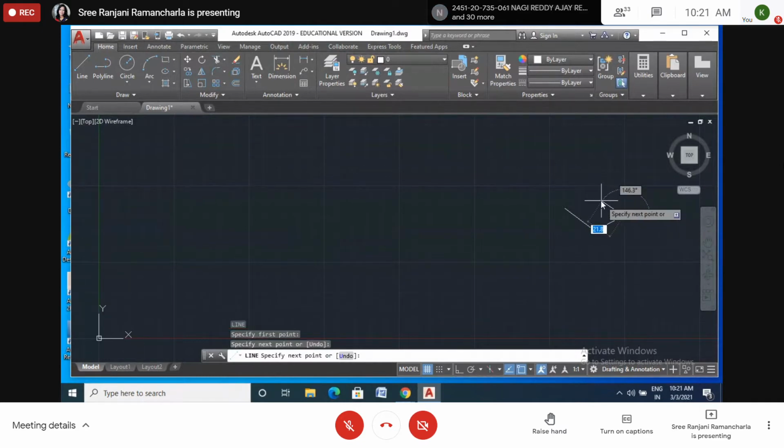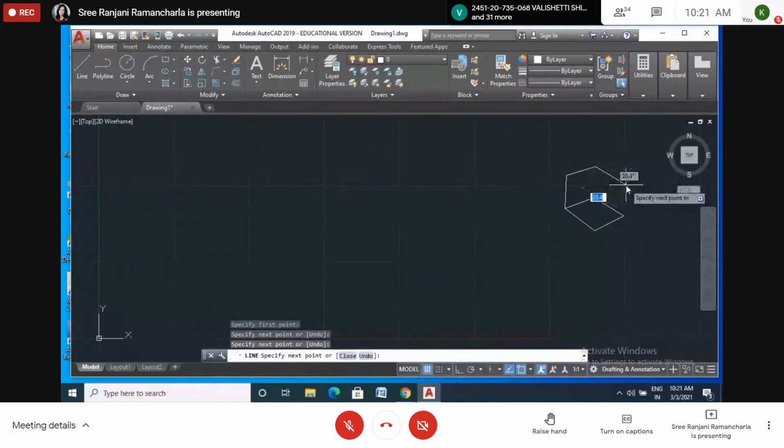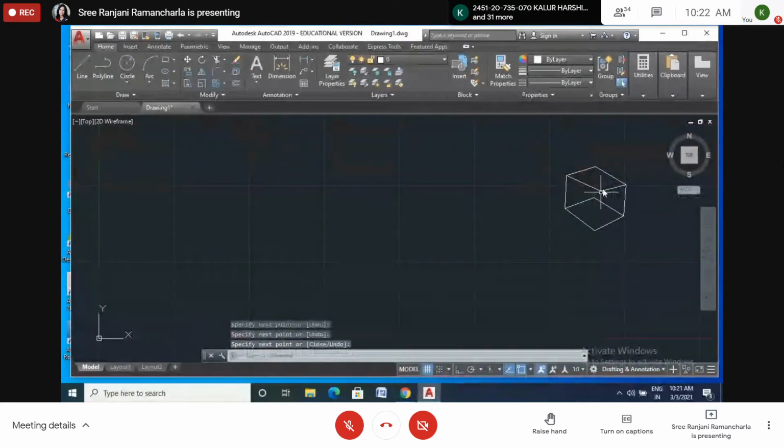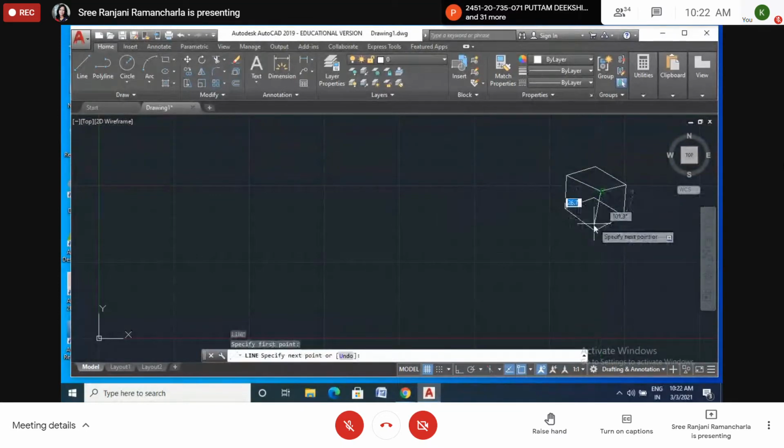Let me take a rough diagram, not an exact diagram, a 3D diagram.